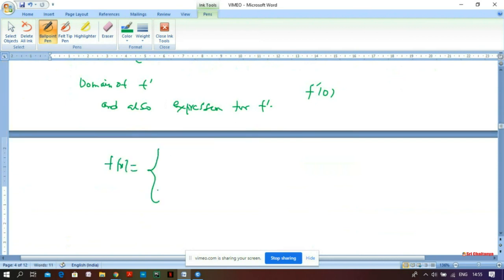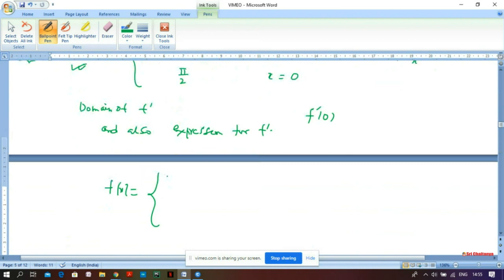I'll write f of x equal to x tan inverse of x plus cos inverse of 1 over x. Let me write cos inverse of x. There is no point in carrying sign. See, sec inverse of t is cos inverse of 1 over t. Whether t is positive or negative, I don't care. And of course, t must be defined. Sec inverse t and cos inverse t both must make sense. That is already there.